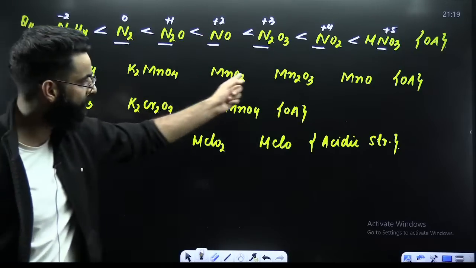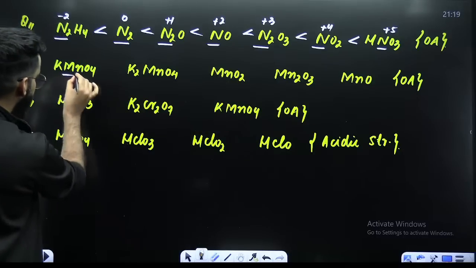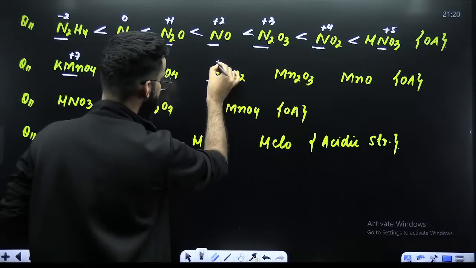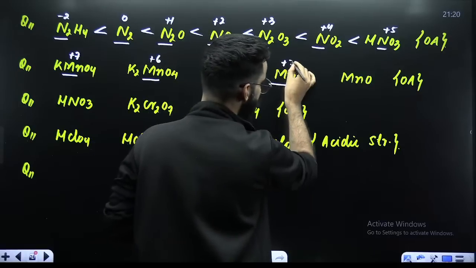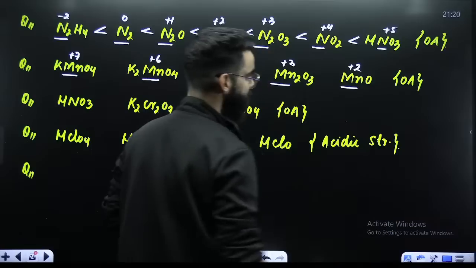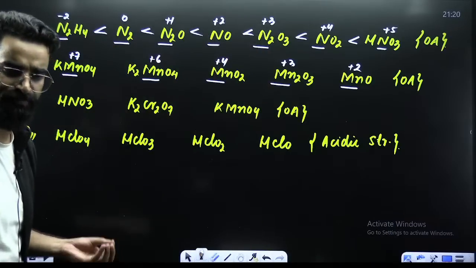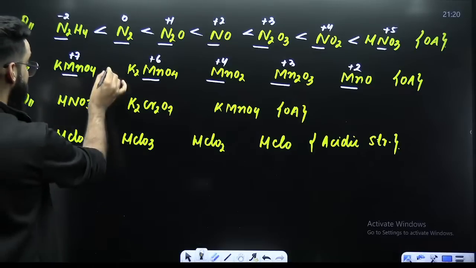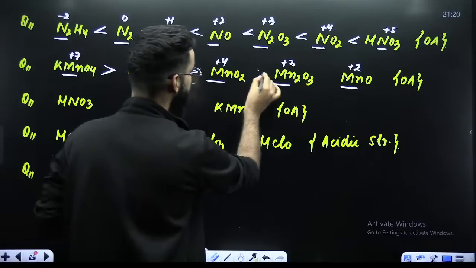Check here. What is the order of strength of the oxidizing agent? The oxidation state of this manganese is +7, this manganese is +6, this manganese is +4, this manganese +3, this manganese +2. The higher the oxidation state of the central atom, the stronger the oxidizing agent, because they are directly proportional.